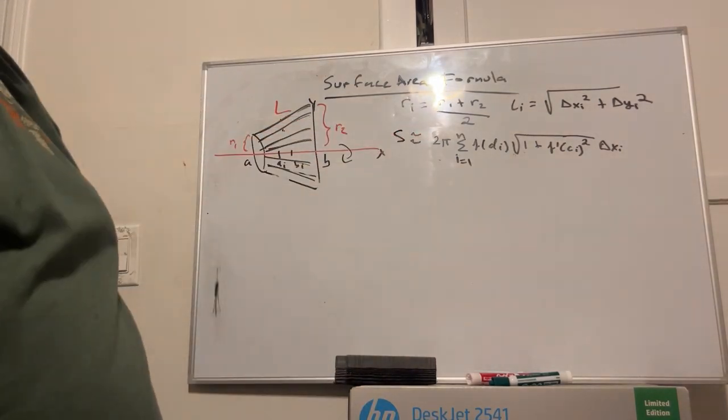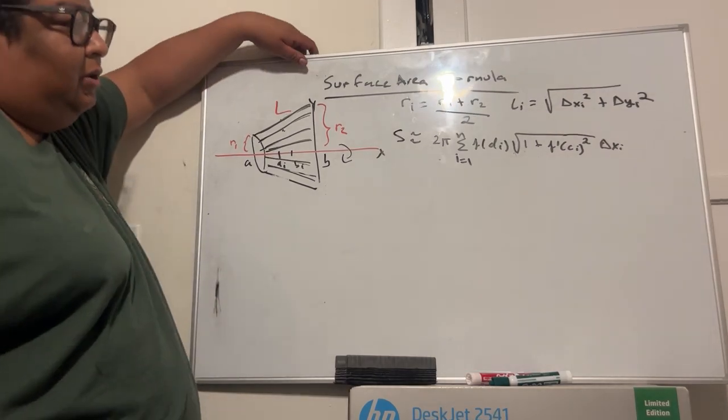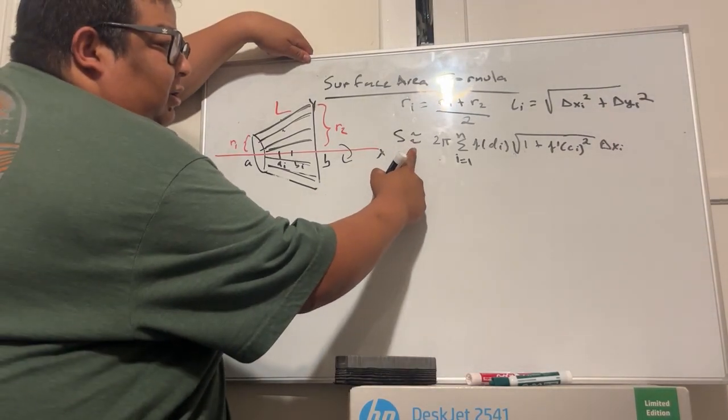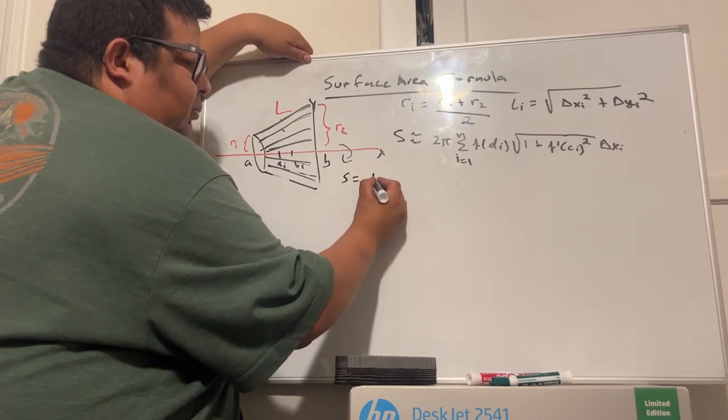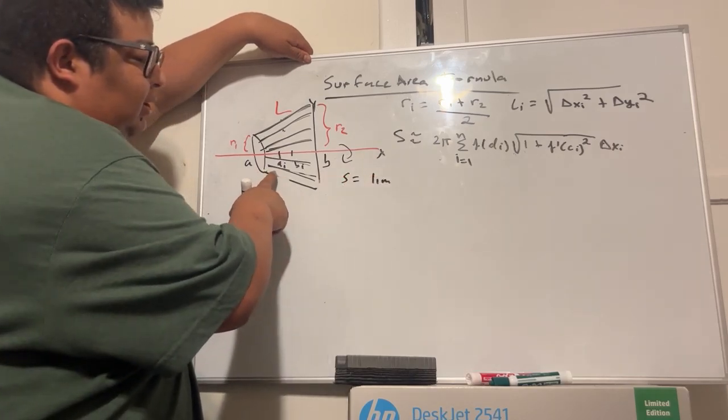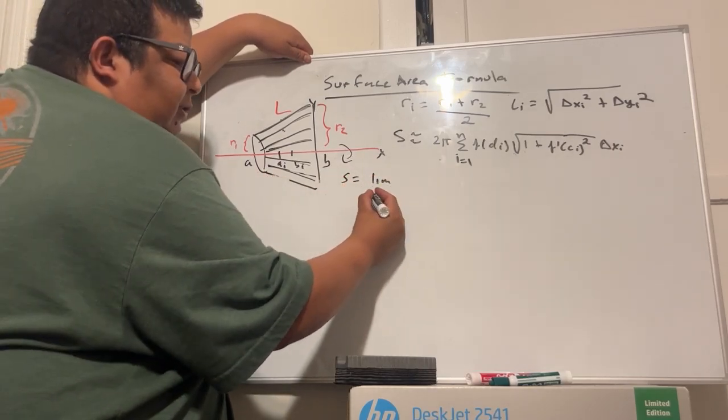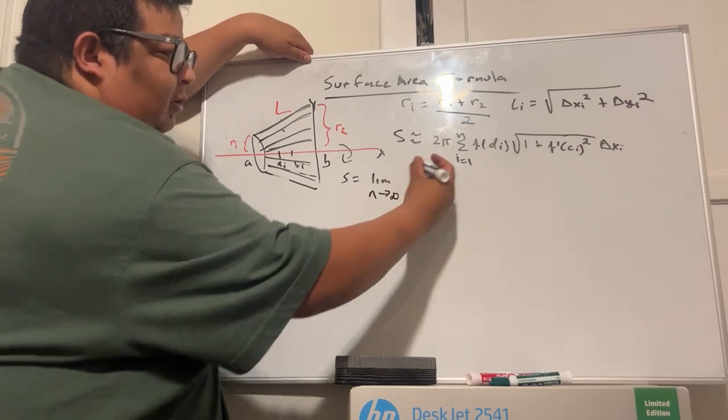Now if we want to get an exact answer, then we take S equal to the limit as n approaches infinity of the sum.